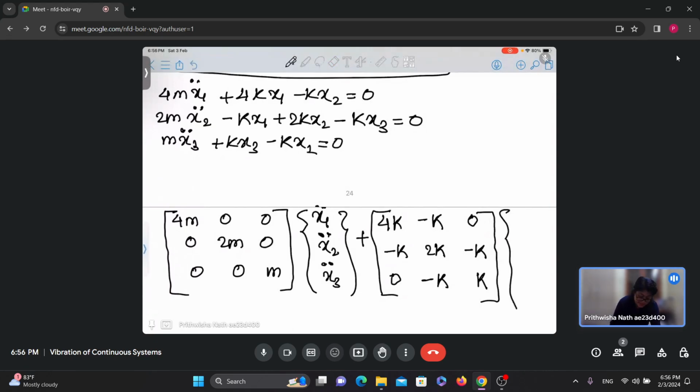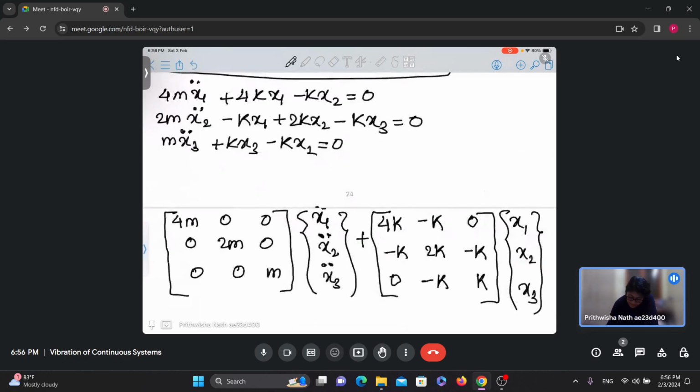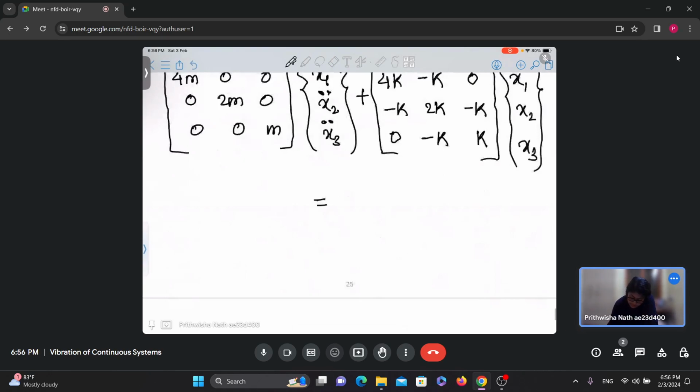So here I simply write x1, x2 and x3. And what is the right hand side of the equation? It is just 0. So I write it like this, equals 0, 0, 0.